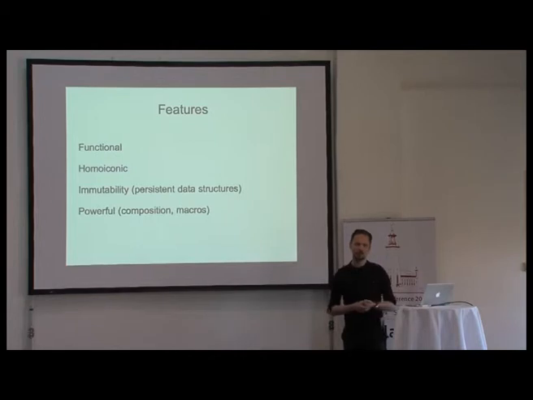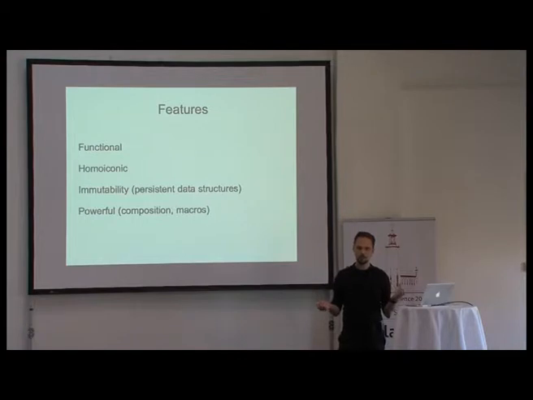The features of such a language are that it's functional, basically mainly functional. The core of the idioms is to use functional programming. And it's homoiconic, meaning that the syntax is represented in the data structure of the language. So these enable very powerful features like macros.